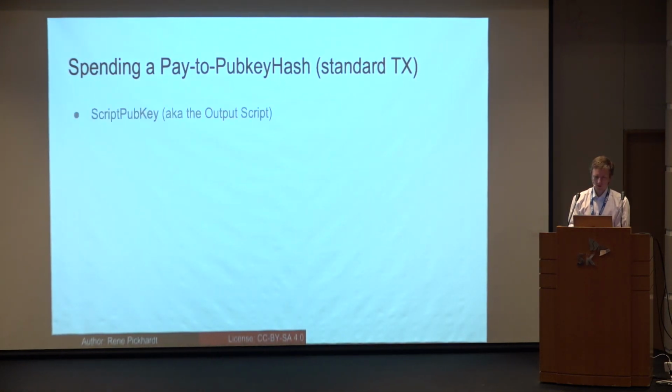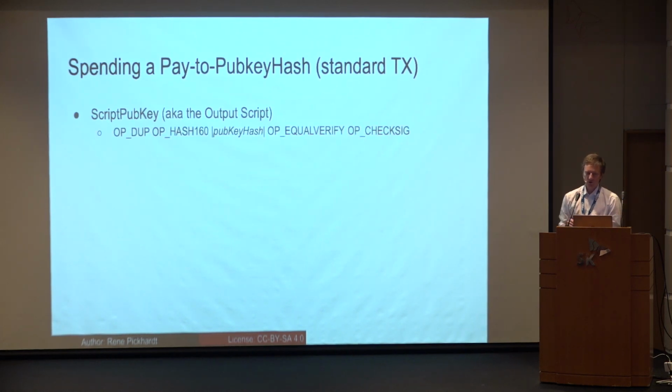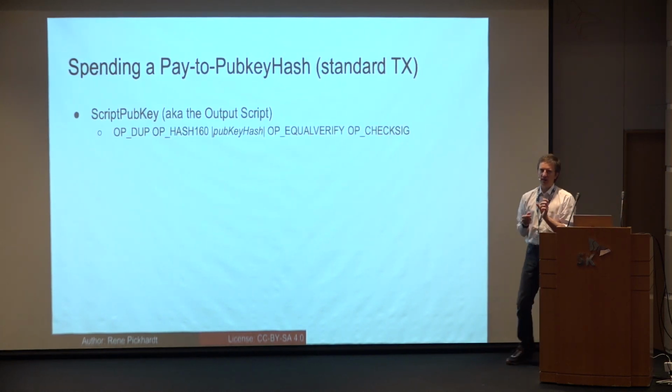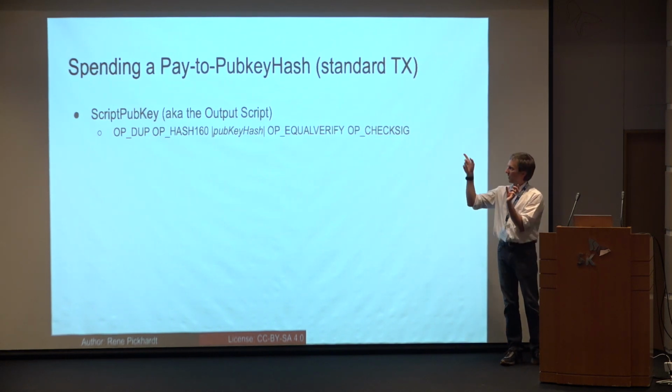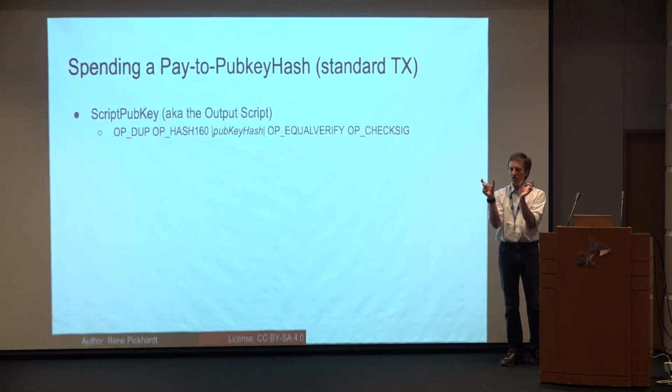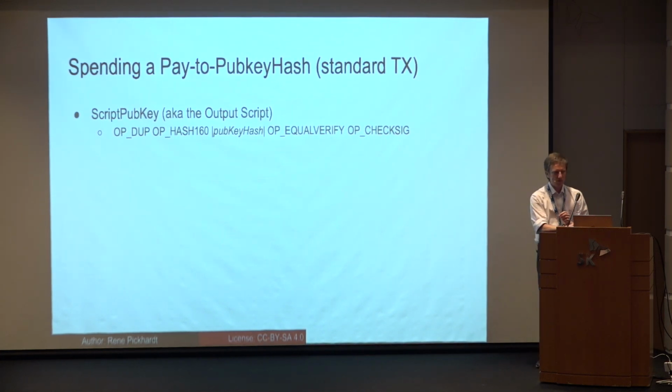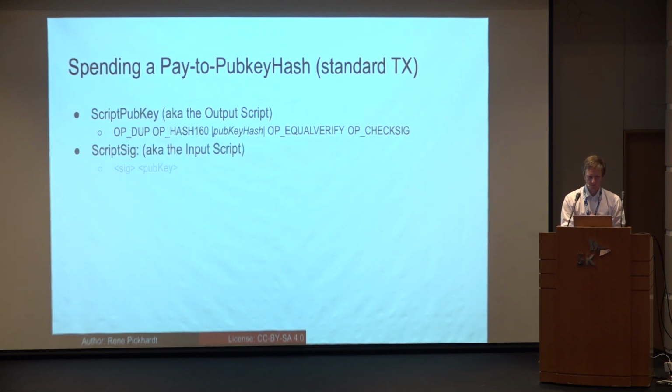So the typical spending pattern is you put a hash of a public key into the locking script. So whoever wants to spend it will have to provide a signature and a public key, and then the script will execute this logic. So a signature and a public key is needed to unlock the funds.